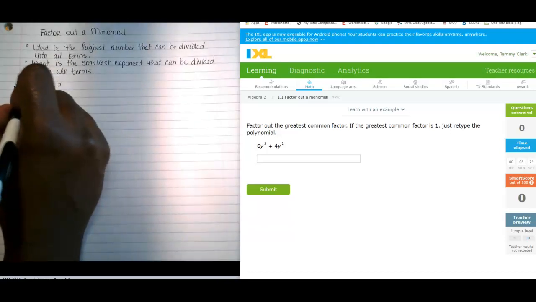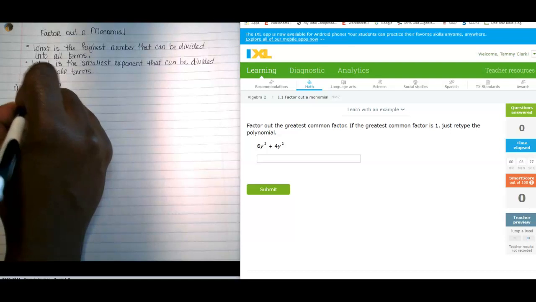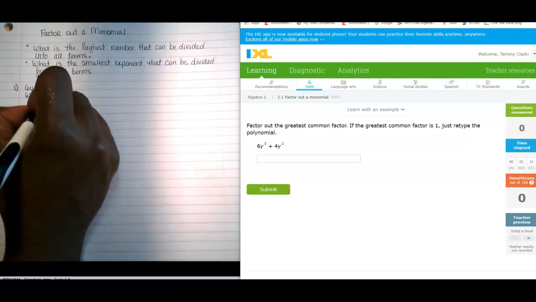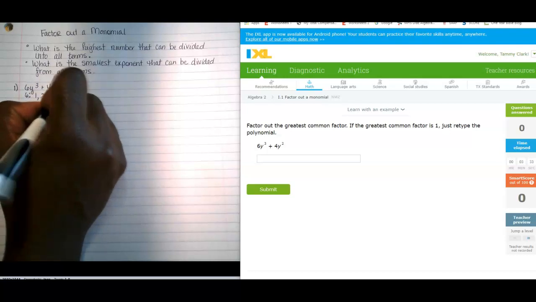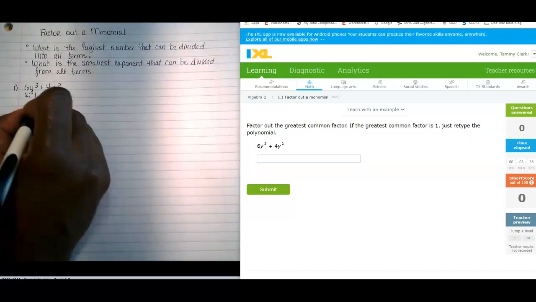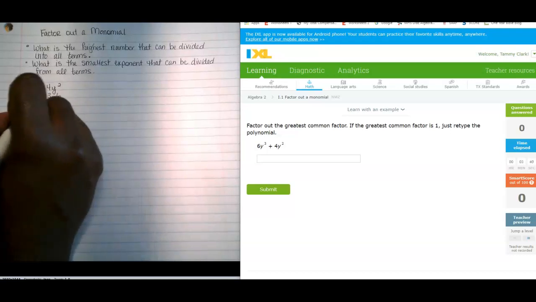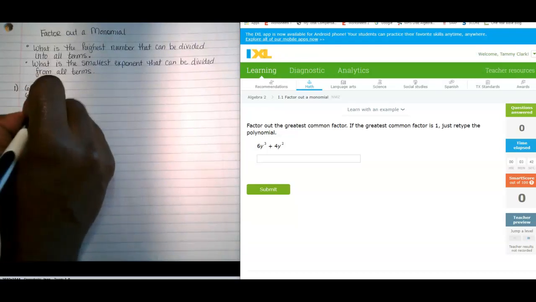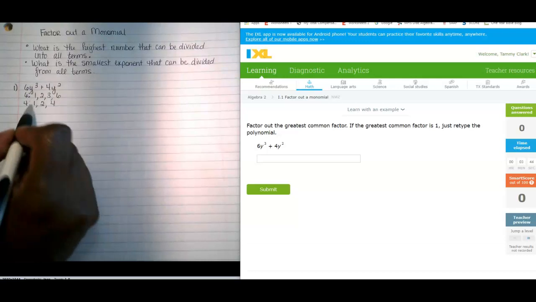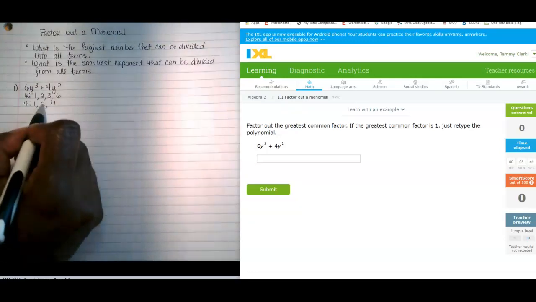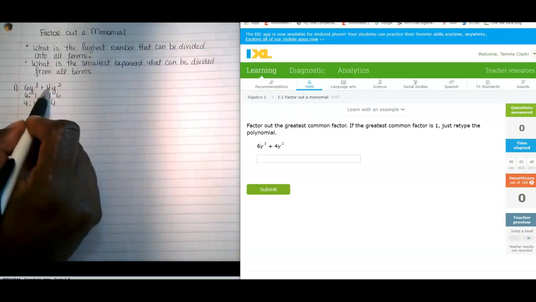So if I think of the number 6, the factors of 6 are 1, 2, 3, and 6. 1 times 6 gives me 6. 2 times 3 gives me 6. Also, the factors of 4 are 1, 2, and 4, because 1 times 4 gives me 4, and 2 times 2 gives me 4.